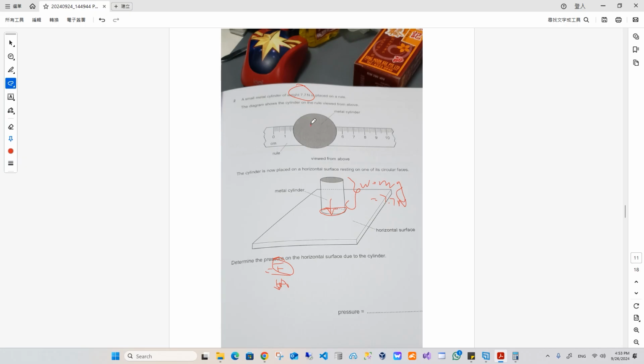The area is a circle. Do I have the markings? I think this is 1 cm, this is 2 cm, so 1.7 marking. I'm going to find the diameter.